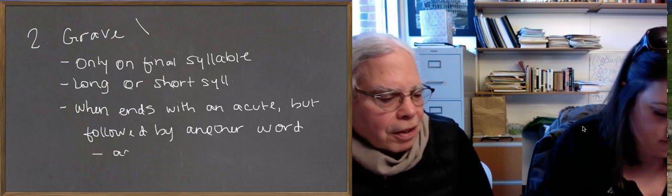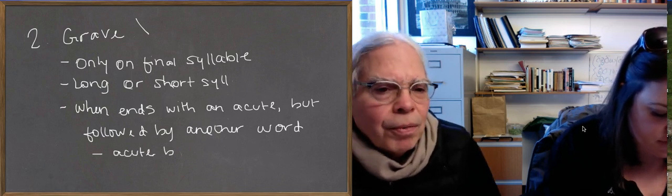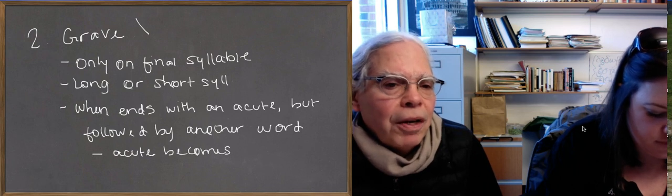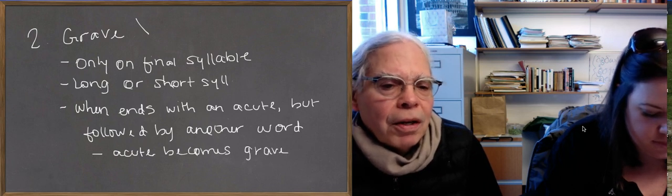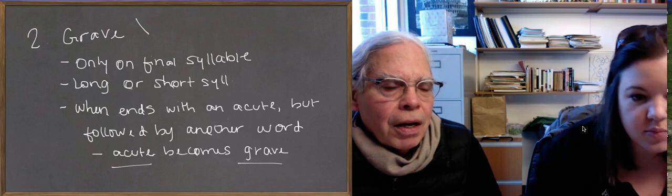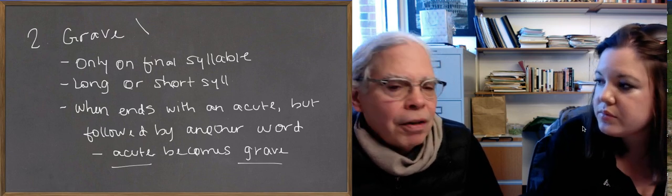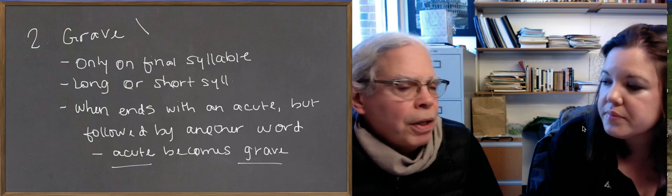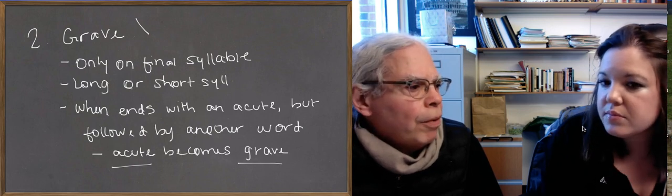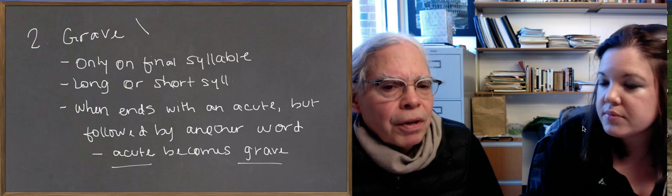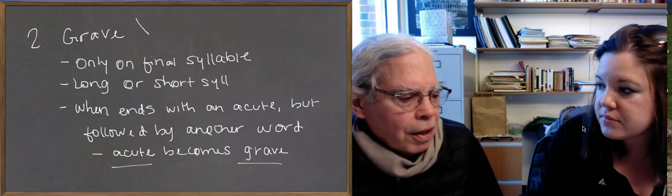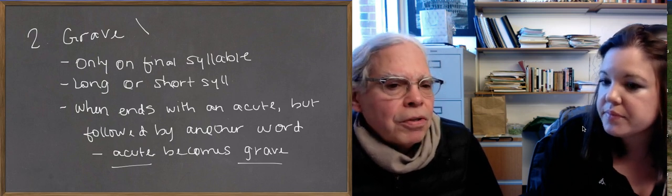Effectively, it's somewhat deceptive. Acute becomes grave. What you're really doing is saying, we can't have a rising pitch at the very end of a word if there's another word after it. We'll come back to this and we'll try and explain it. But why would it be? If you think about it, we'll try and show you that this makes sense, okay?